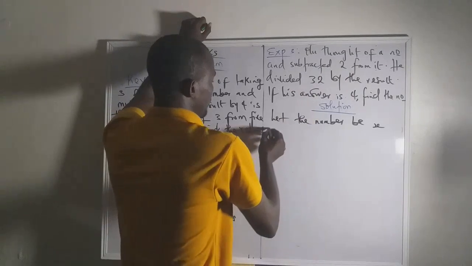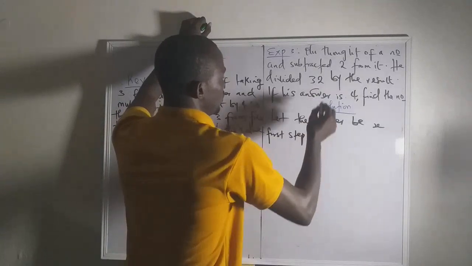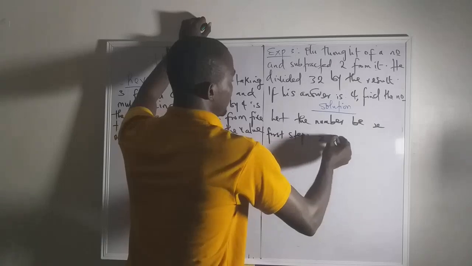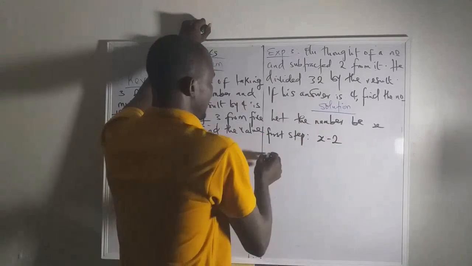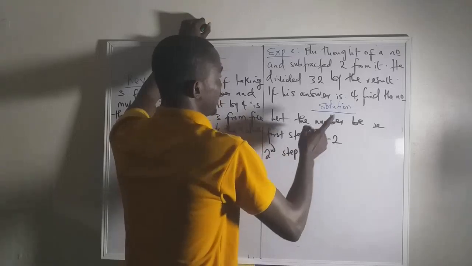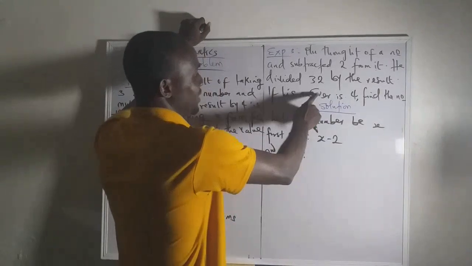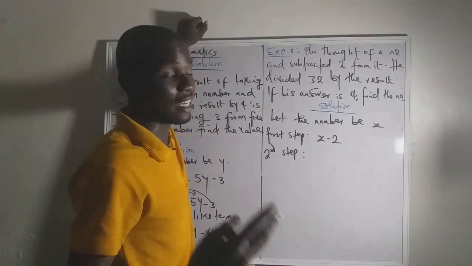Now, first step is he subtracted 2 from it, so we have x minus 2. That is the implication. Second step is that he divided 32 by the result. What's the result of x minus 2? It is still the same thing as x minus 2.